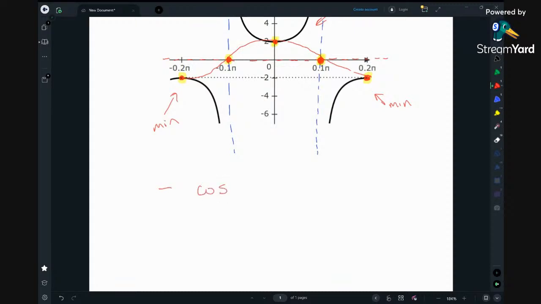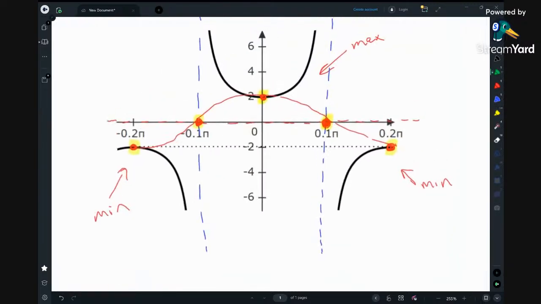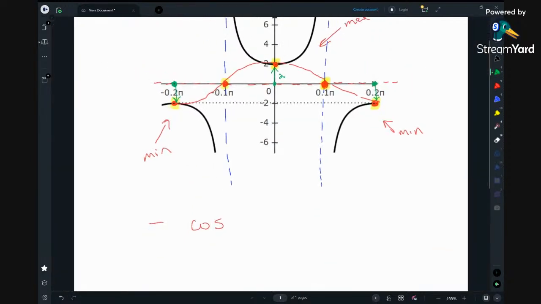Cool. That's important. The next thing that's important is to recognize that the distance from the midline to the maximum, from 0 to 2, is 2. And we can also confirm that over here from midline to min is 2. That means our amplitude is 2.